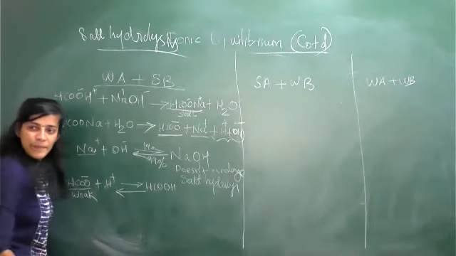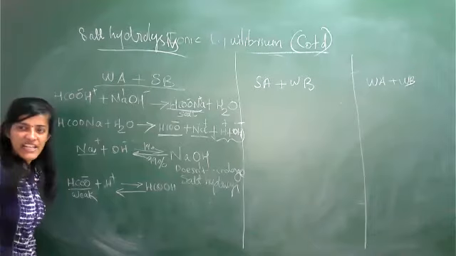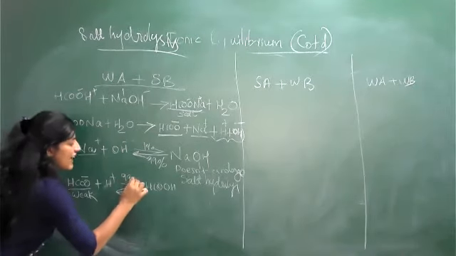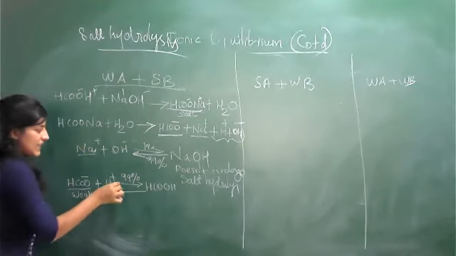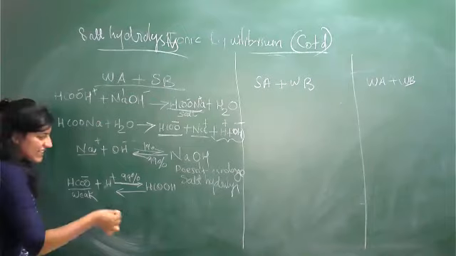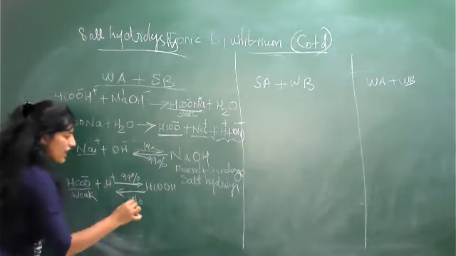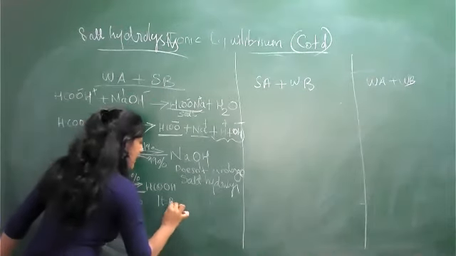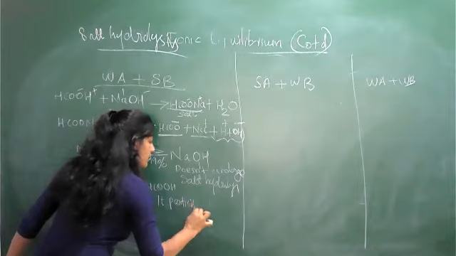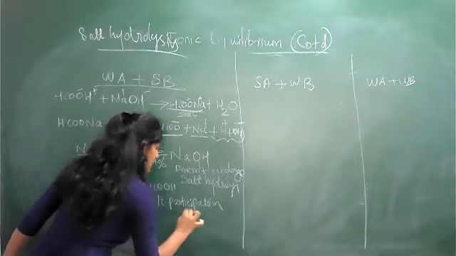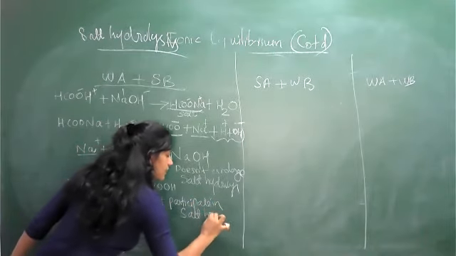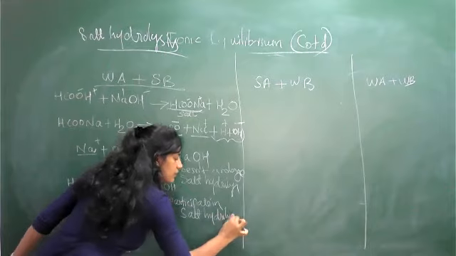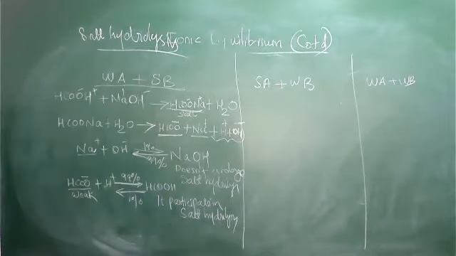It is weak, na? Weak will partially dissociate. So here 99% we will get in the forward direction. In the reverse direction only 1%. So it participates in salt hydrolysis. This much clear? Revise again.